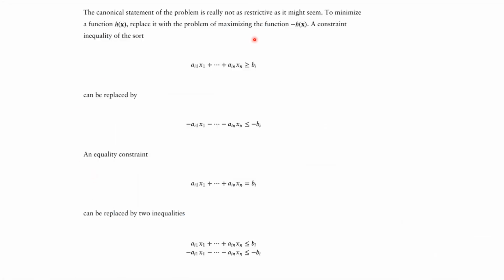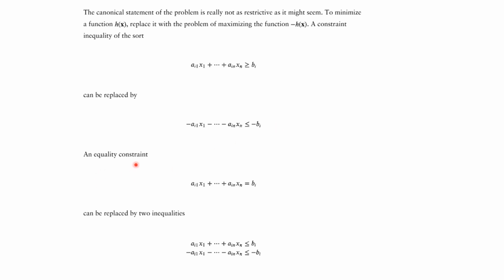Now, this really is not so restrictive, because you could talk about changing the problem with the constraints. For example, to minimize a function h of x, you replace the problem with maximizing the function negative h of x. And if you have a constraint where this linear expression is bigger than or equal to bi, you just multiply both sides by a negative and you get a similar constraint.